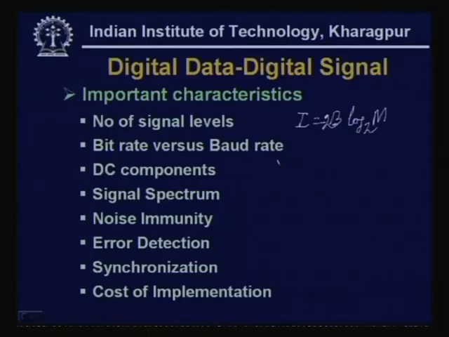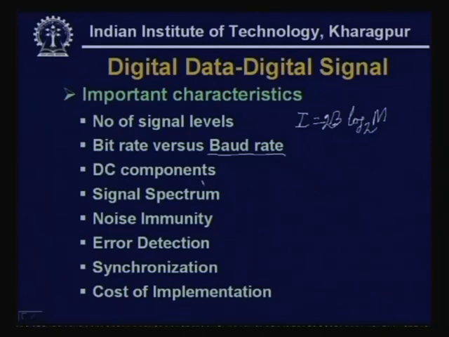If you use multi-level encoding, then the baud rate will be less than the data rate, but in some cases the baud rate can be more than the data rate. So, that we have to decide. Obviously, we shall prefer a lower baud rate, so that we achieve a higher data rate of transmission through the transmission media.